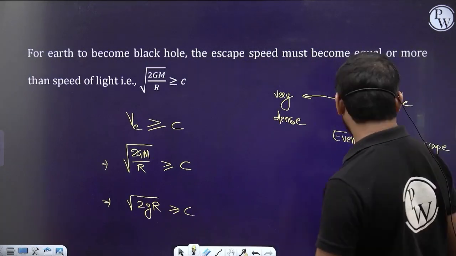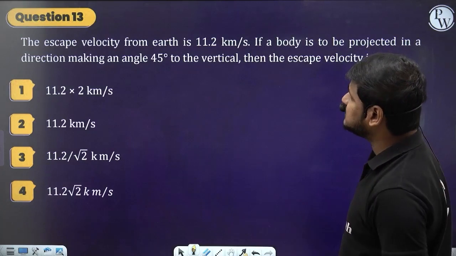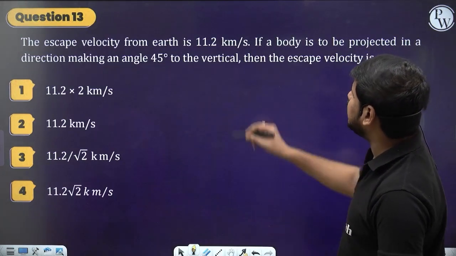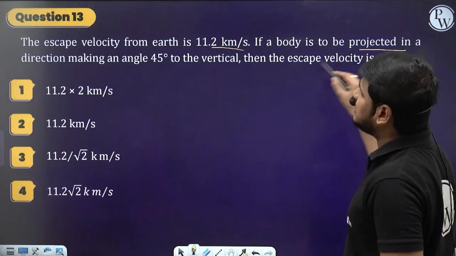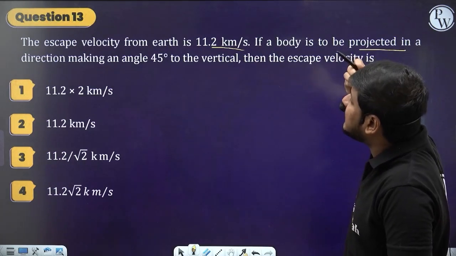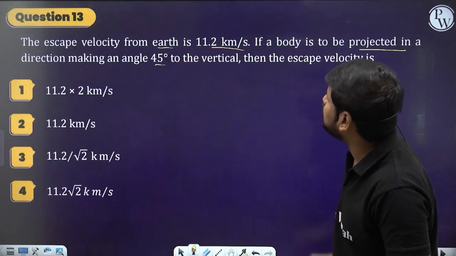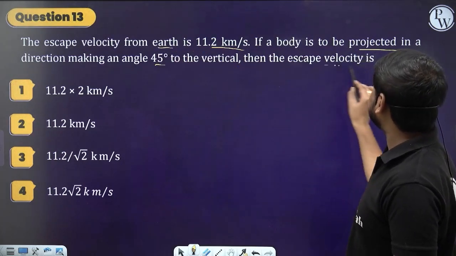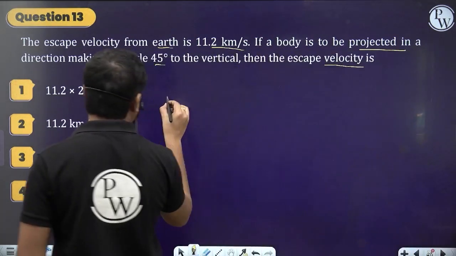Next, let's move further. Take this 13th question. The escape velocity from the Earth is 11.2 kilometer per second. If the body is projected in a direction making an angle of 45 degrees to the vertical, then the escape velocity? See, the escape velocity does not depend on the angle of projection.